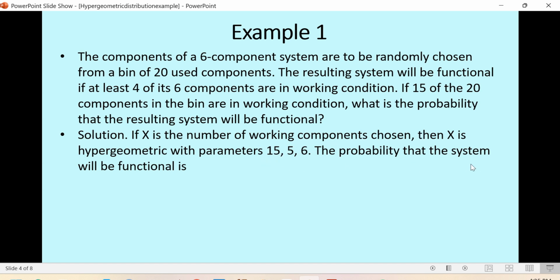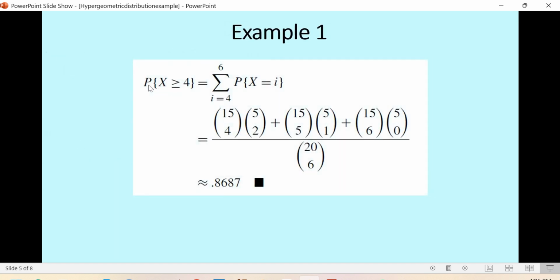So the probability that the system will be functional is P(X greater than or equal to 4) for this hypergeometric random variable. So we just add the probabilities from 4 to 6. The denominator is the same, the combination of 20 select 6.